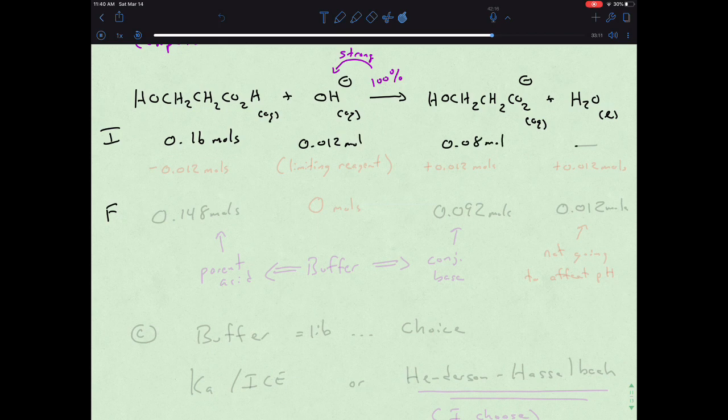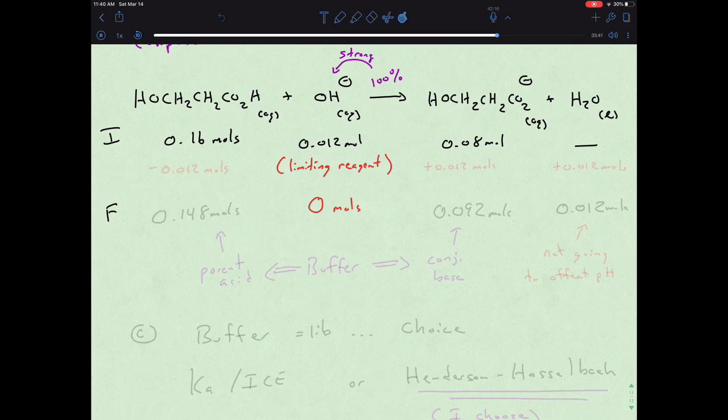And we don't have any water, at least initially, based off of this specific neutralization reaction. Hopefully you remember terms such as limiting reagent, right? The hydroxide has the least amount of moles in terms of those two starting materials, so it's actually going to run out first, and we would end up with 0 moles of that hydroxide.